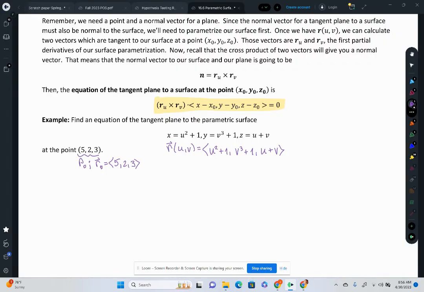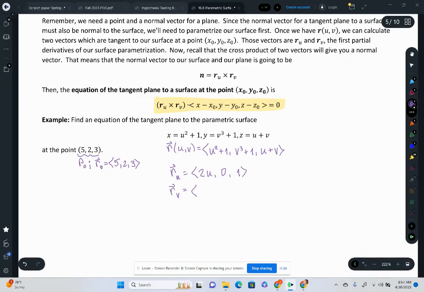Now, from above, I know that I need r sub u. r sub u, the first partial of r with respect to u: the first component will give me 2u, the second component will give me a 0, and the third component will give me a 1. r sub v, if I take the derivative with respect to v, the first component gives me 0, the second component gives me 3v squared, and the third component gives me 1.